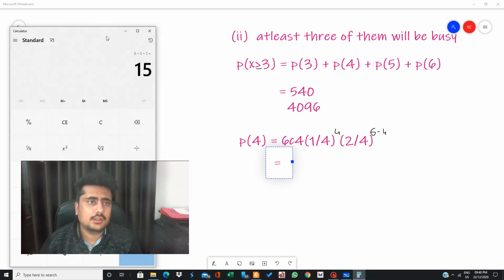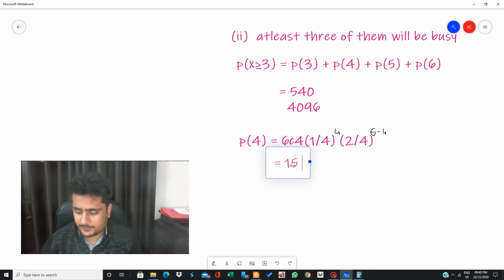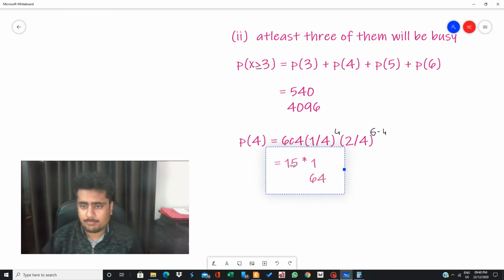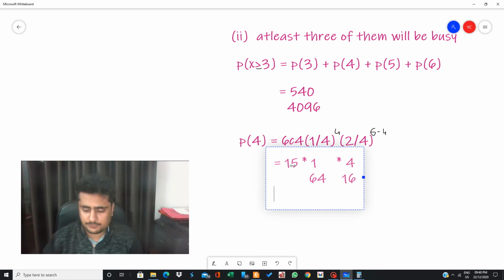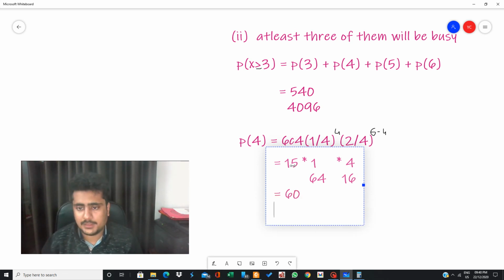So it is basically 15 into 1 by 4 raised to 4, that is 1 by 256. Then 3 by 4 raised to 6 minus 4, that is 9 upon 16. So this is 135 by 4096.